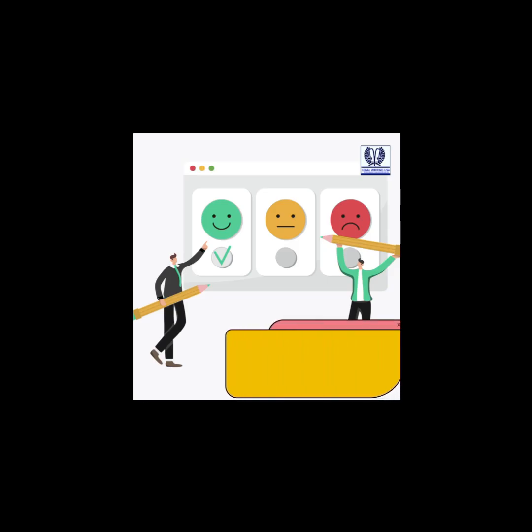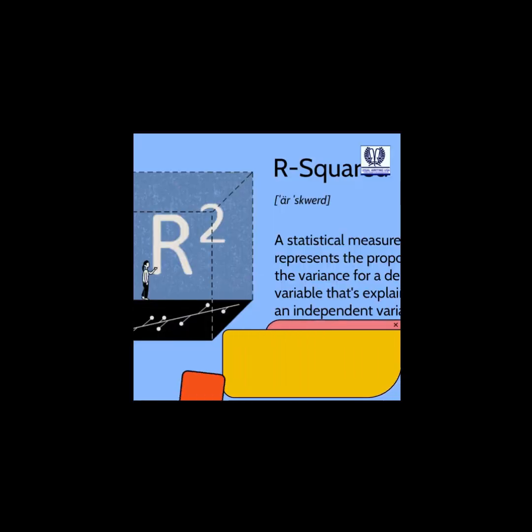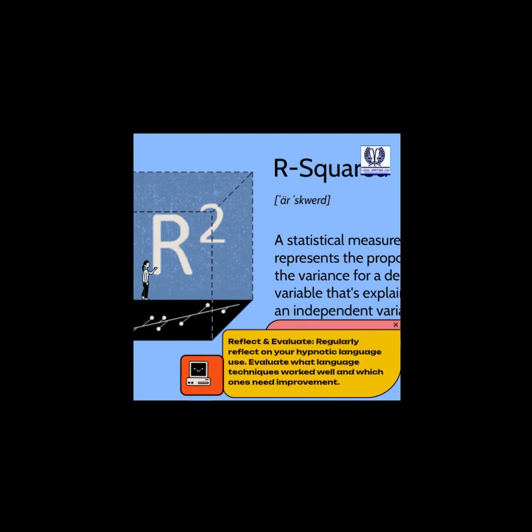Tips for effective refinement of hypnotic language over time. Continuous feedback. Seek feedback from colleagues and mentors. Have them assess your hypnotic language proficiency in terms of clarity, persuasiveness, and engagement. Reflect and evaluate. Regularly reflect on your hypnotic language use. Evaluate what language techniques worked well and which ones need improvement.